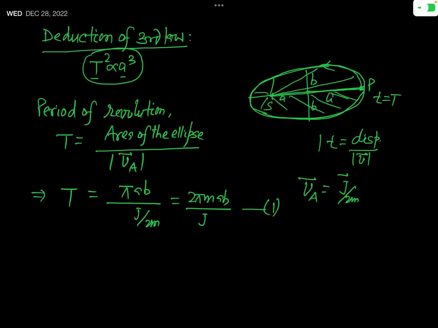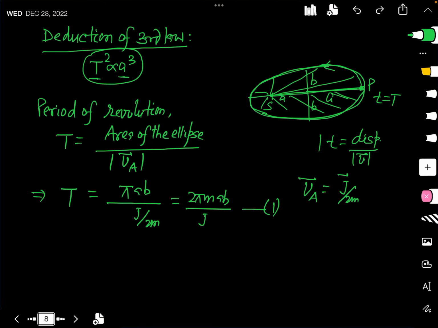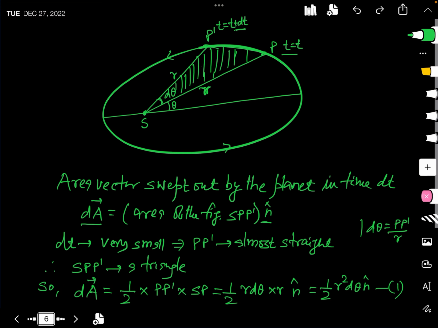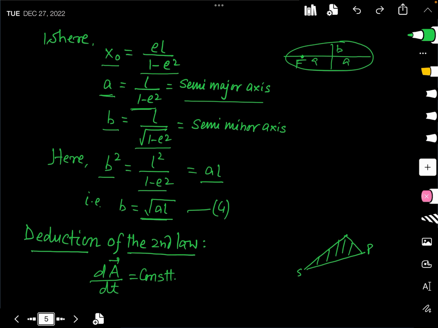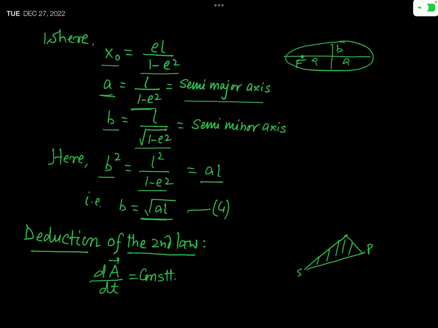Now, we have to relate the period of revolution T with the semi-major axis. But in our equation, there is also the semi-minor axis B. So you must use the relation between A and B so that B may be expressed in terms of A. And you can do it while deriving the first law of planetary motion.